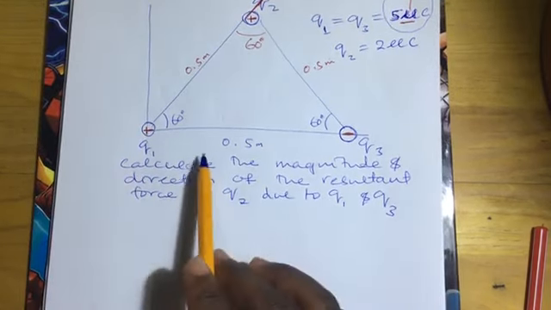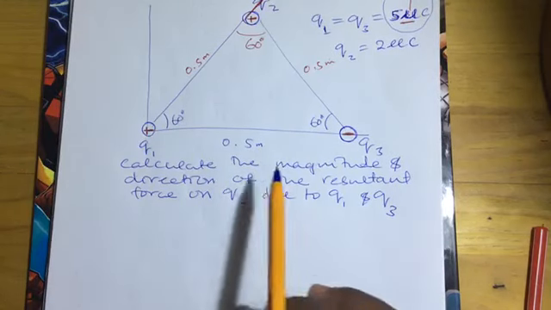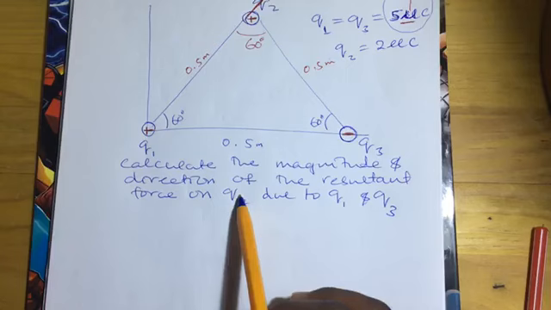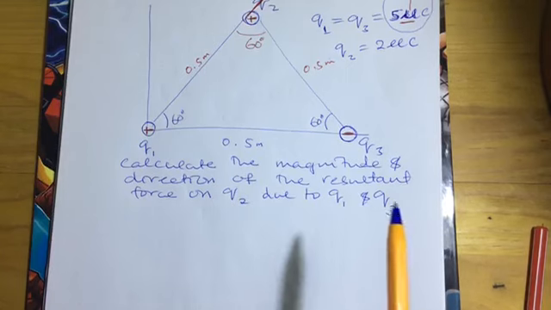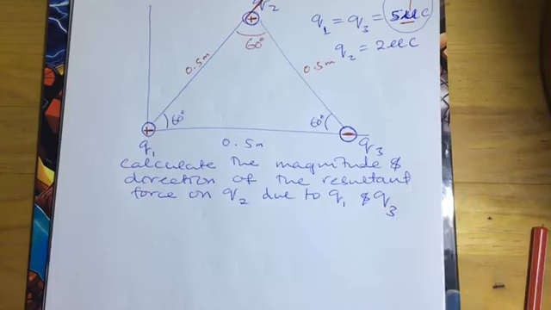The question is saying, calculate the magnitude and direction of the resultant force on Q2 due to Q1 and Q3. No, not M. Micro, that's the symbol that we use. Hopefully you guys have understood.